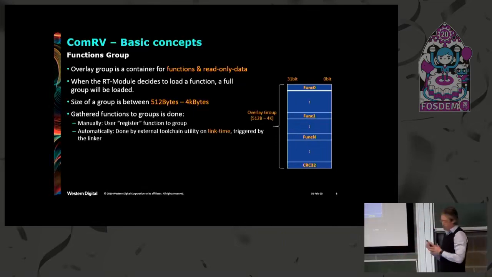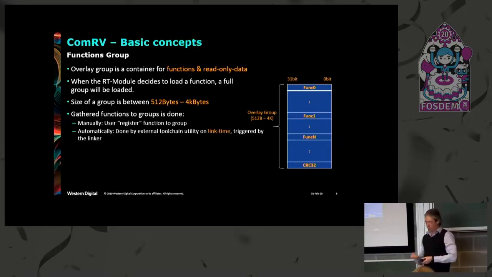So we provide several features in order to support that. There is the obvious feature that we call manual grouping. When the user just registers his functions to a group, he knows what he needs, and then he registers to a specific group, and that group will hold his functions. There's another option, we call it the automatic option, which will automatically trigger by the grouping tool invoked by the linker.